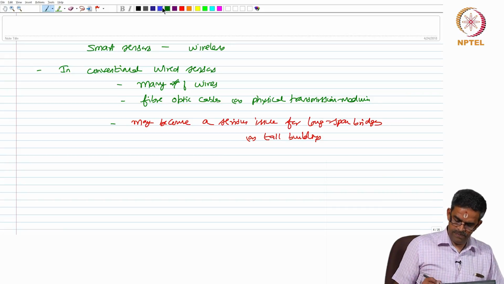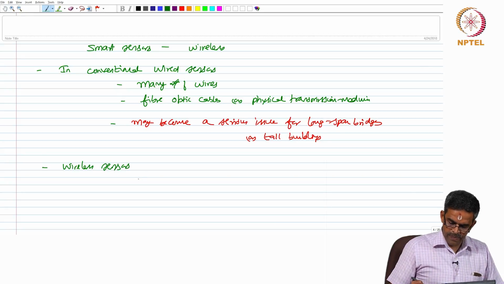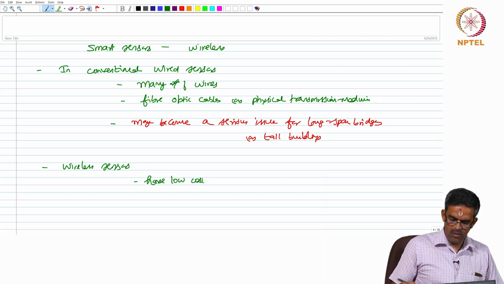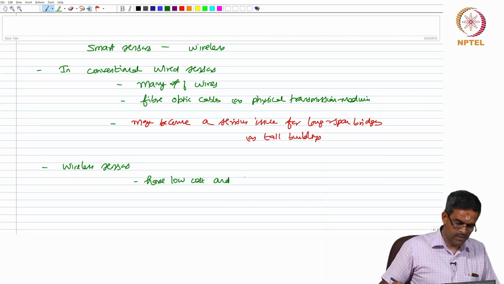On the other hand, wireless sensors have low cost and densely distributed network.